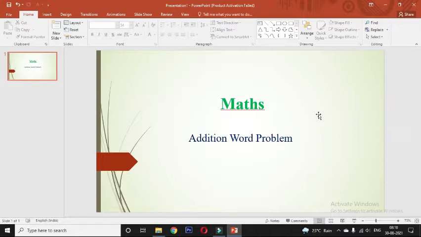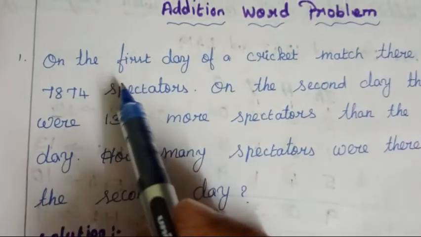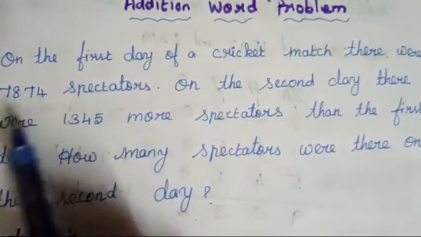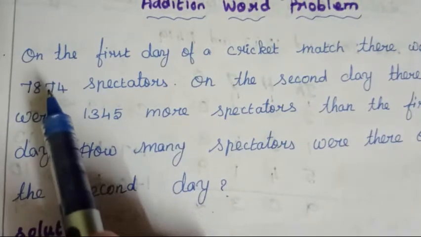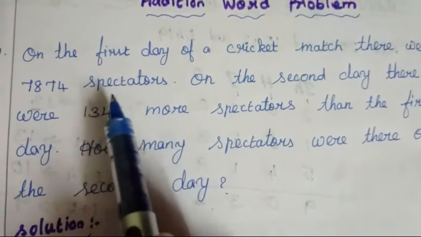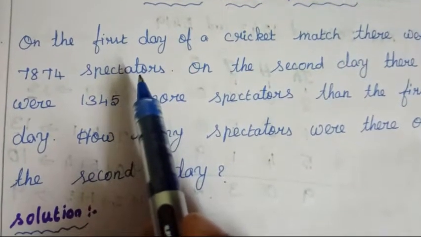Okay, so now children, let us see some examples related to addition word problem. The first question is: on the first day of a cricket match there were 7,874 spectators. Okay, so children, what is the meaning of spectators?